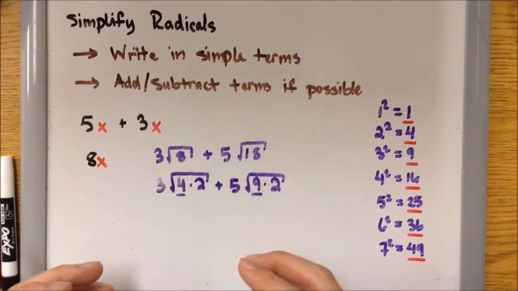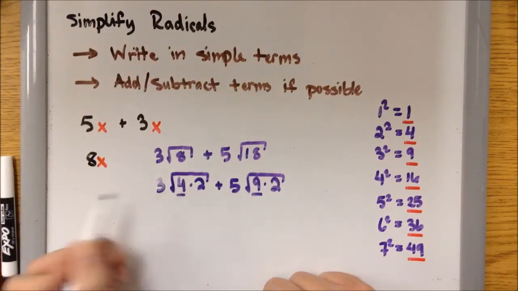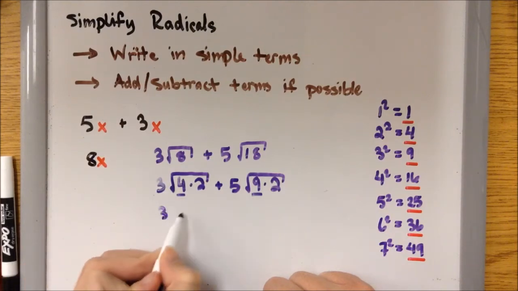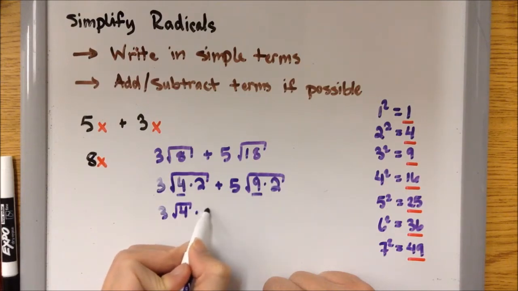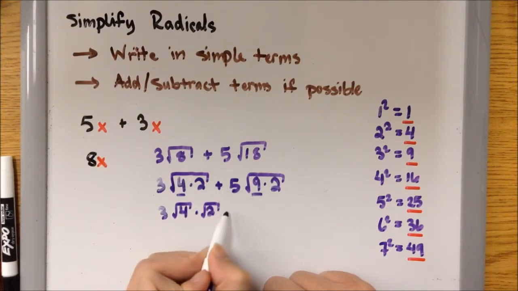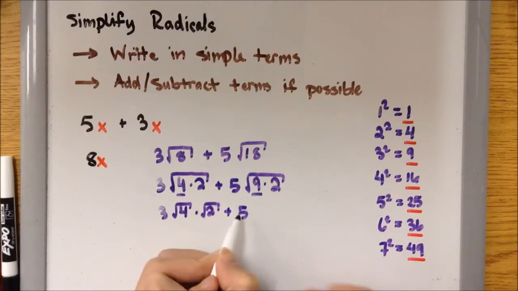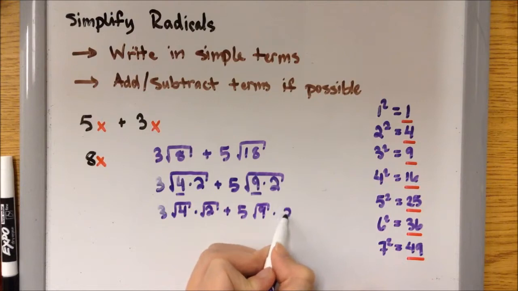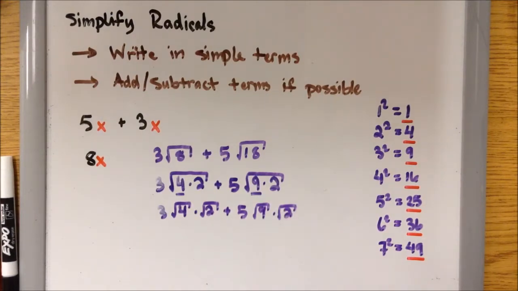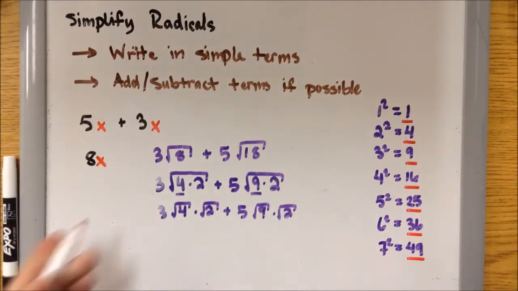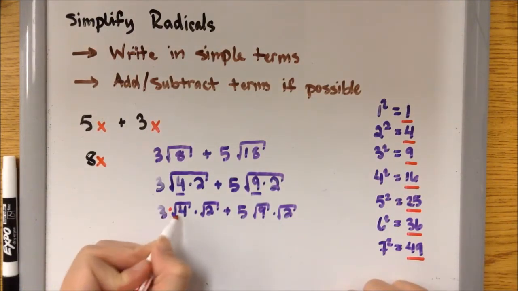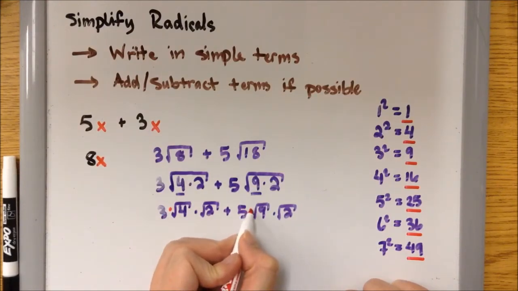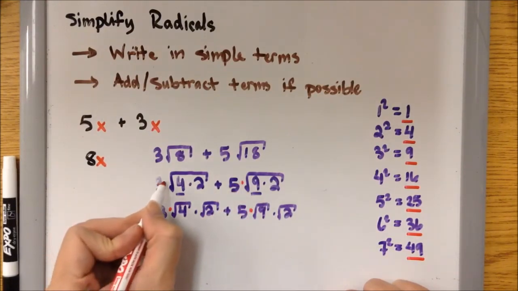Next is to separate into 2 square roots. So here, 3 square root of 4 times square root of 2, carry down the plus, 5 square root of 9 times square root of 2. Now keep in mind, when we're separating into 2 separate square roots, there's a multiplication sign between the 3 and the square root of 4, between the 5 and square root of 9. So keep that in mind.